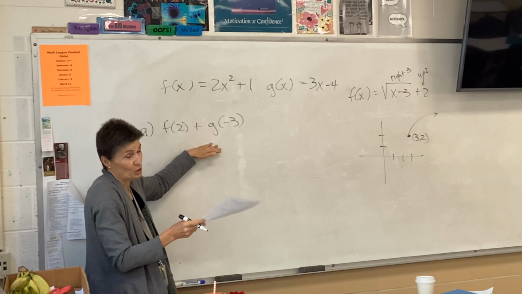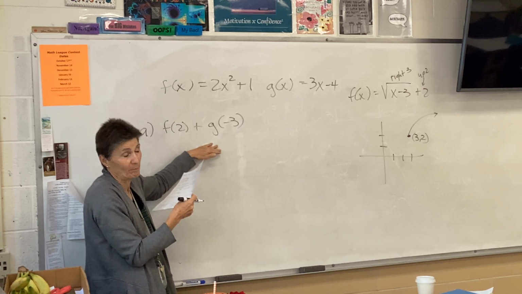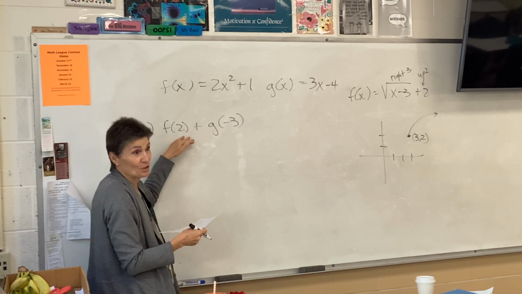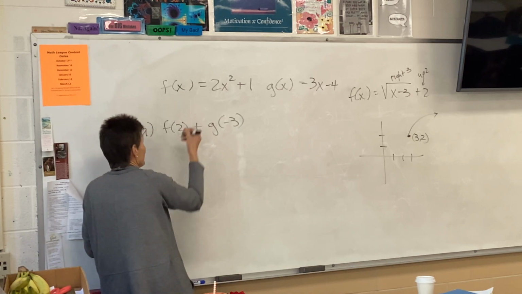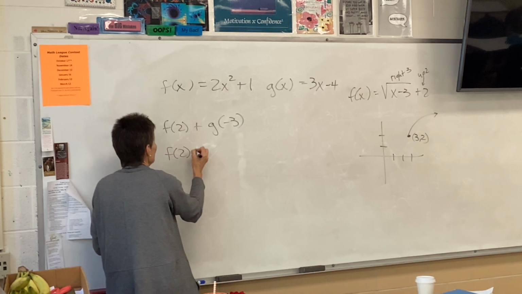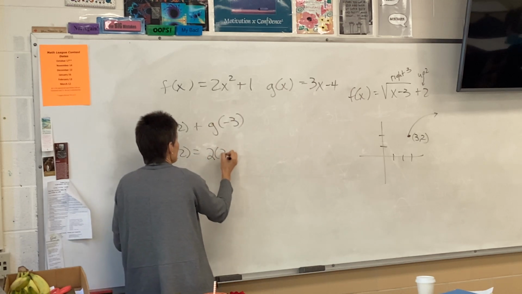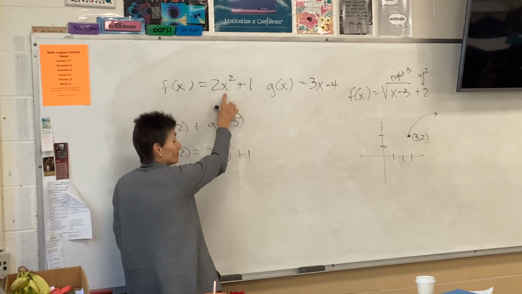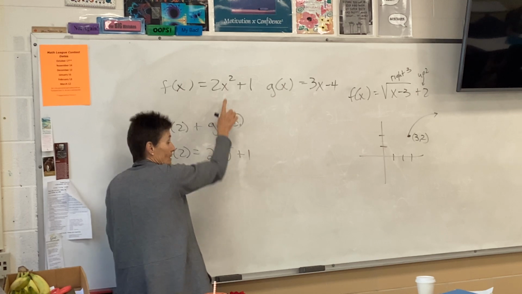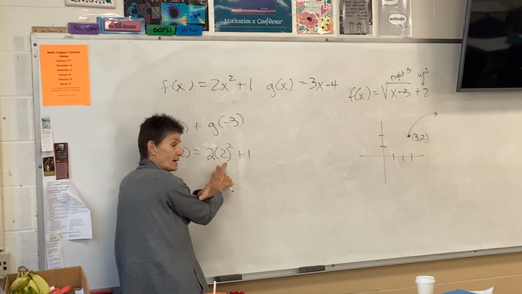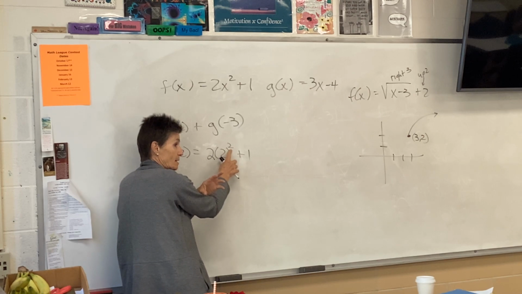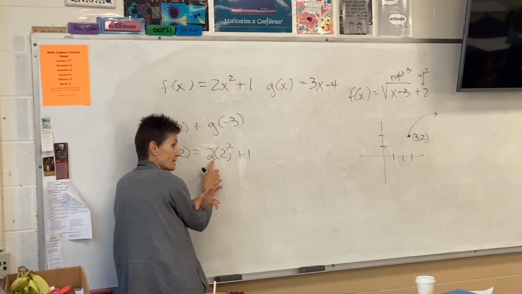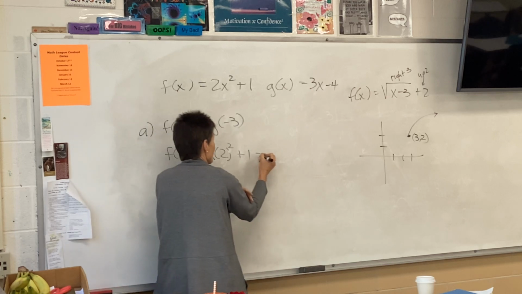How do we find f of 2? Plug in 2. So f of 2 is 2 times 2 squared plus 1. Square first, PEMDAS. 2 squared is 4, times 2 is 8, plus 1, so this is 9.